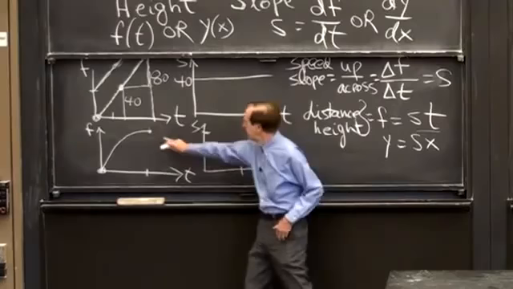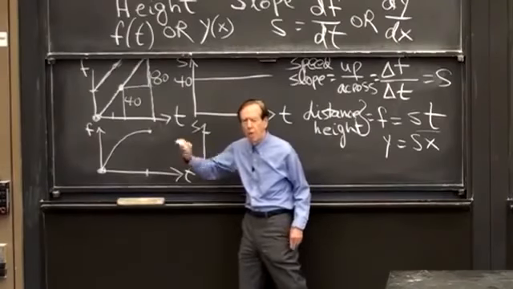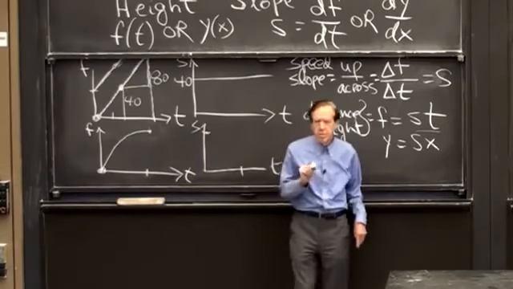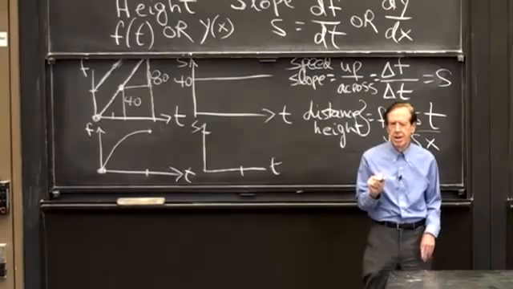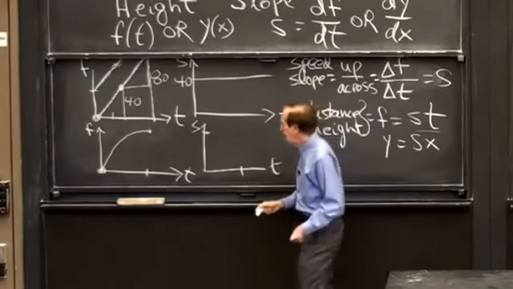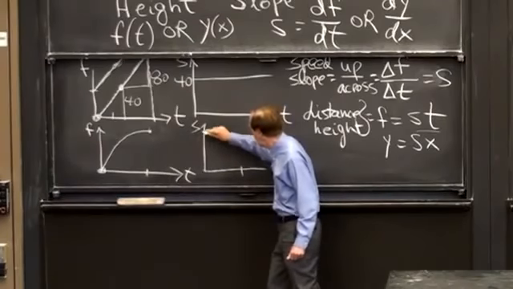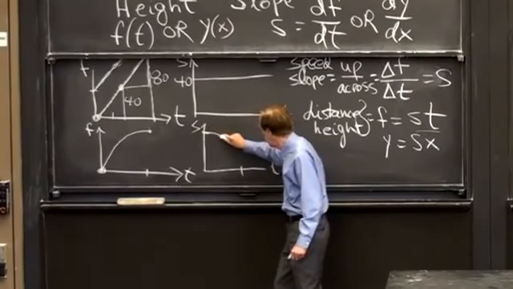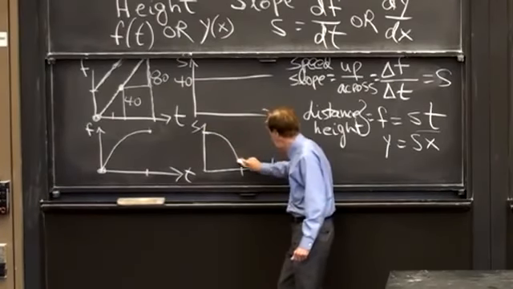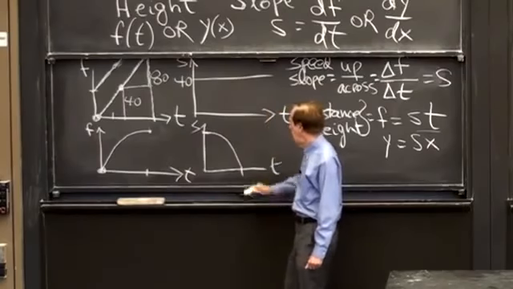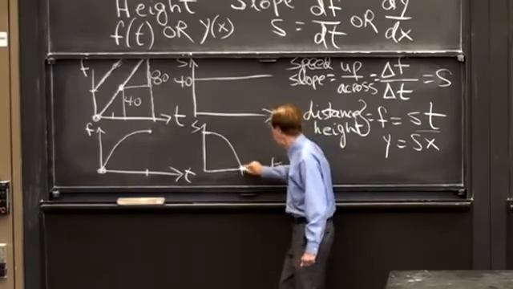Do you see what is the speed at that moment? The speed at that moment is 0. The car has stopped. The speed is decreasing, decreasing, decreasing. And at that moment, the speed is 0 right there.